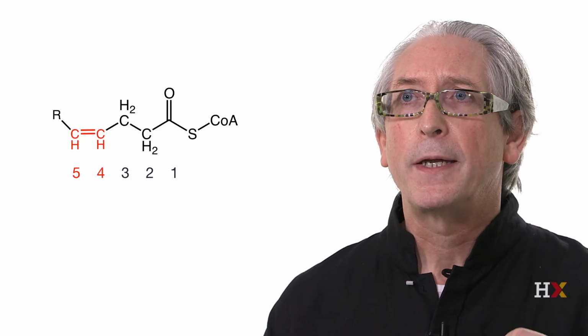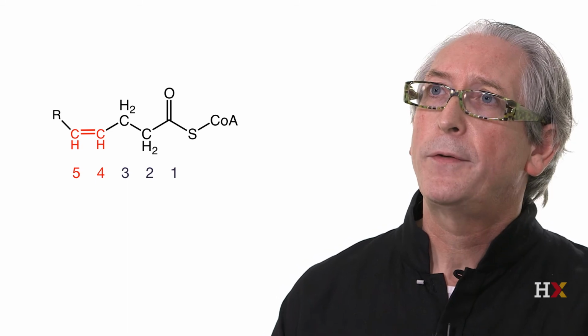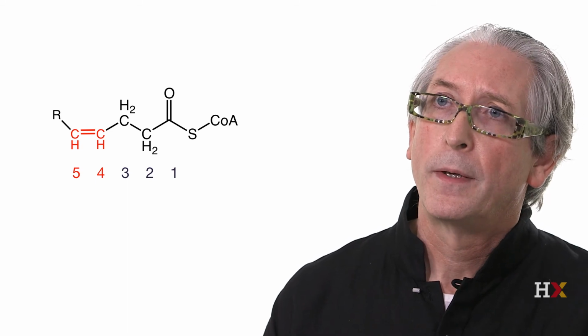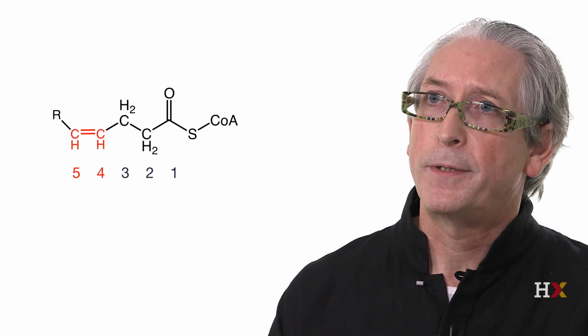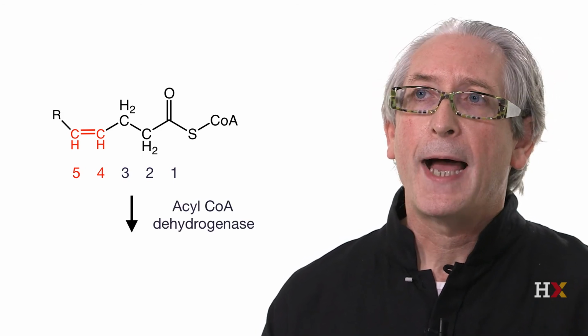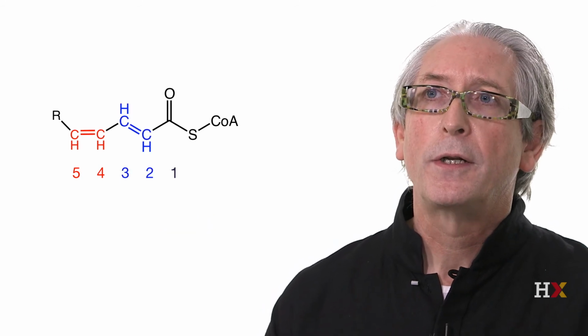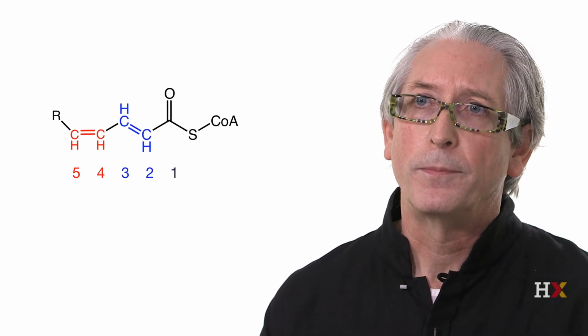What happens if the double bond is at carbon 4 relative to the carbonyl group? Yet another additional step is needed. During step 1 of the cycle, the acyl coenzyme A dehydrogenase will insert a second double bond at carbon 2.